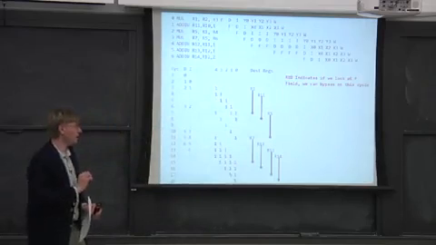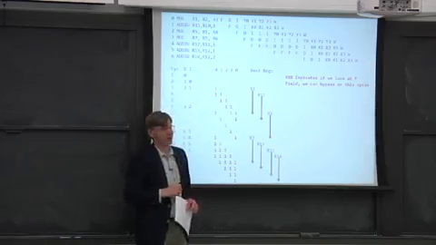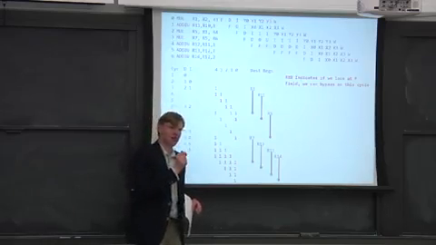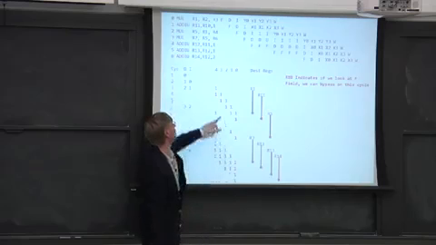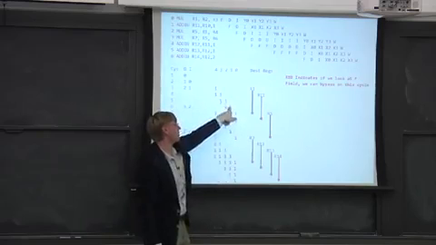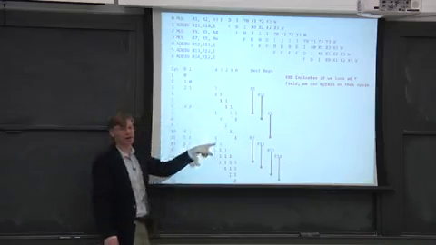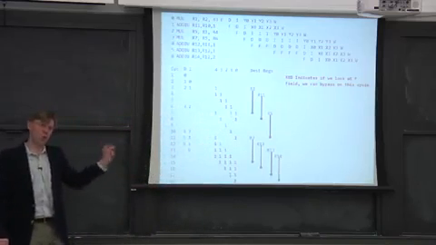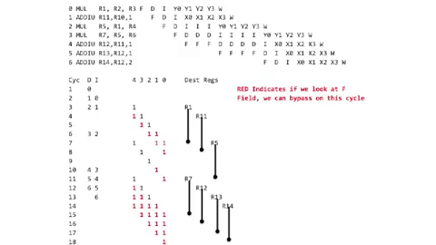Now if you look at the functional unit and you know it's a multiply, and you look at where it is in the pipe, you can say, oh, this is when that value actually becomes ready. So we now know exactly which functional unit and when that value is ready by looking at the functional unit and the bits in the scoreboard.